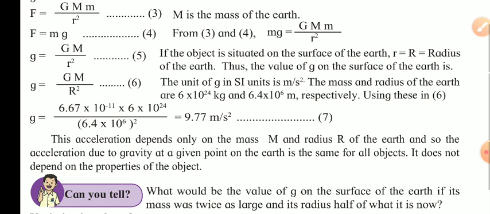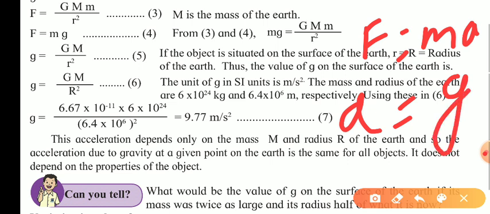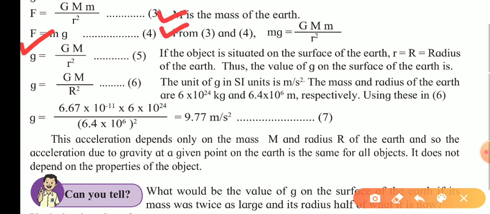Another formula that we have already studied is F is equal to ma, and a can be written as g, the gravitational acceleration, and that's why we have F is equal to mg. Now we can compare equation number 3 and equation number 4, and we get small g is equal to capital G, capital M upon r square.